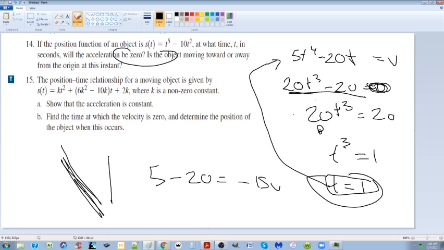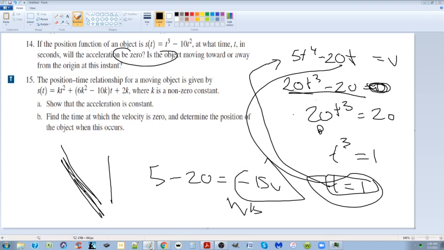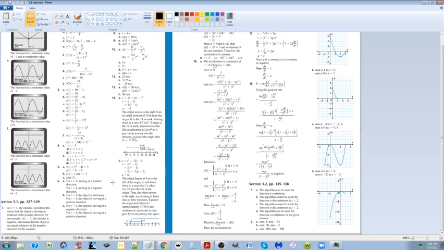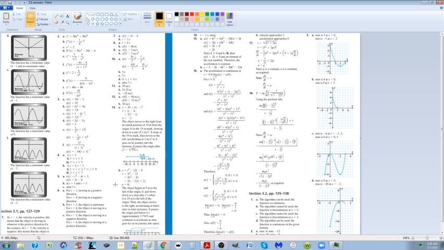Okay, so at t equal to 1, there's 0 acceleration, and it's moving away because the slope is minus 15 meters per second. I believe that it'll say all that, I hope. Yeah, right there, very quickly.